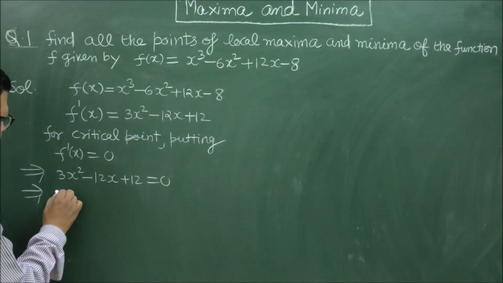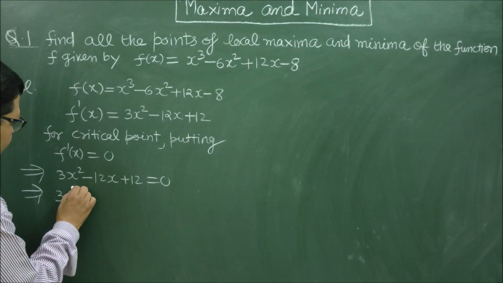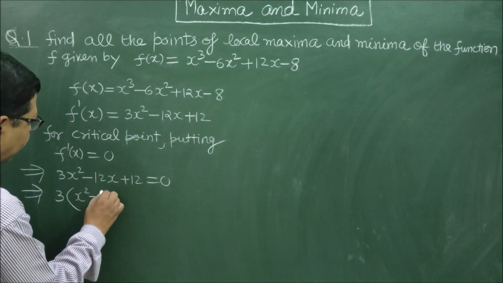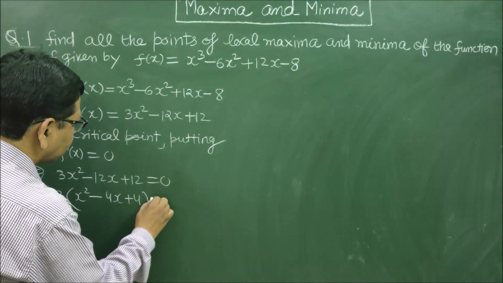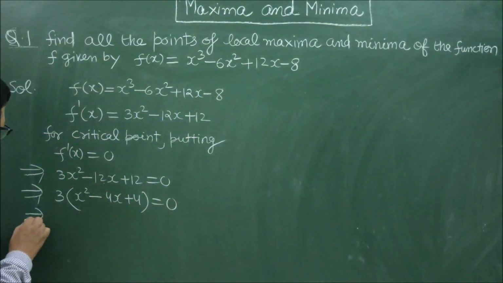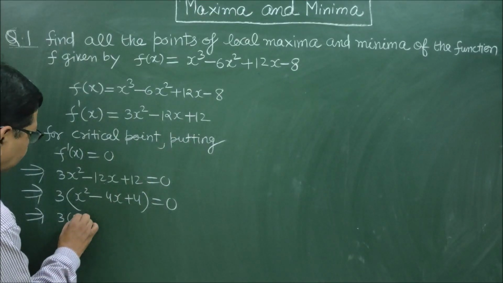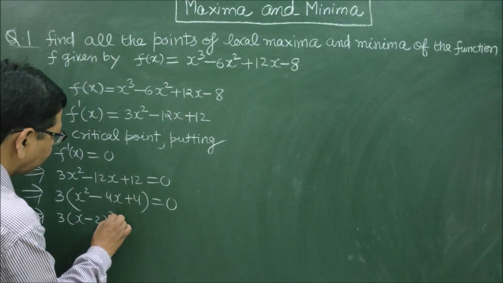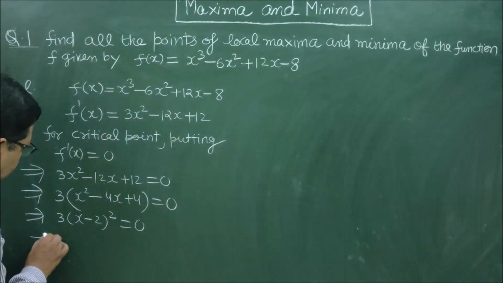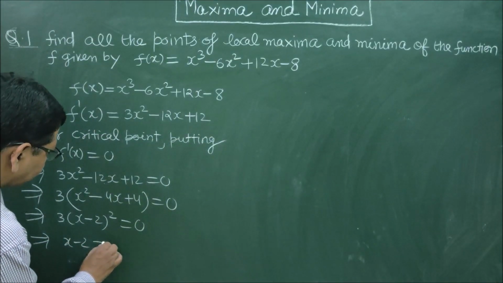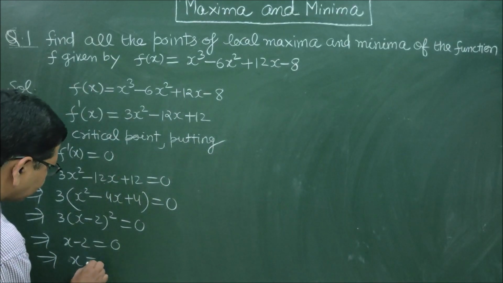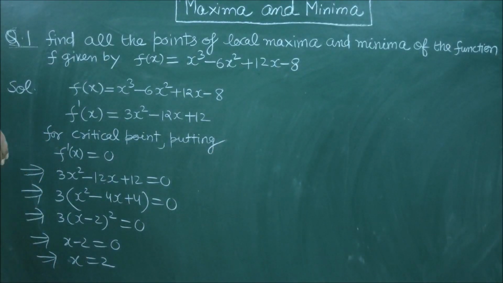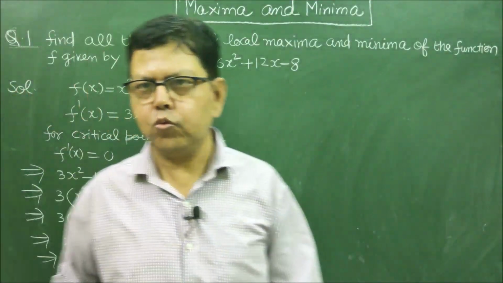This implies that if you take 3 common, x square minus 4x plus 4 is equal to 0, which implies that 3 into (x minus 2) whole square is equal to 0. Which implies that x minus 2 is equal to 0, or x is equal to 2. So the critical point is x is equal to 2.